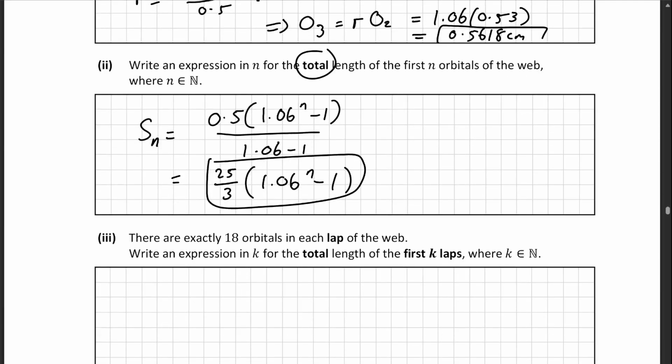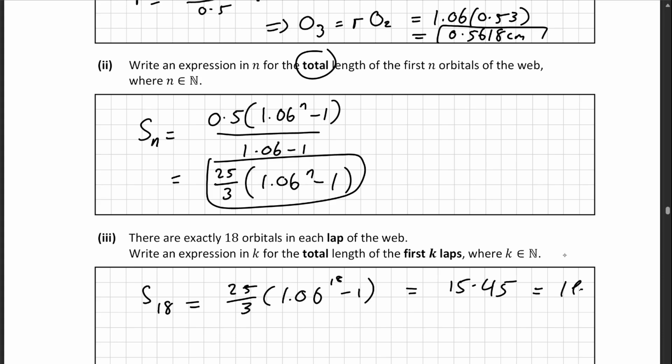Okay, there are exactly 18 orbitals in each lap. Find an expression in k for the total length of the first k laps. Okay, so I'll need to find when n is 18. So S18 is 25 over 3, 1.06 to the 18 minus 1, which is 15.45 equals 1 lap.